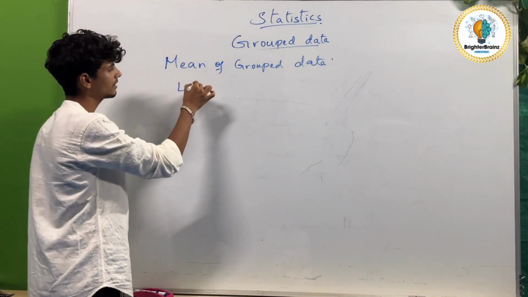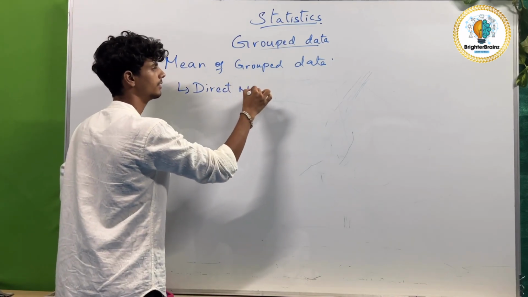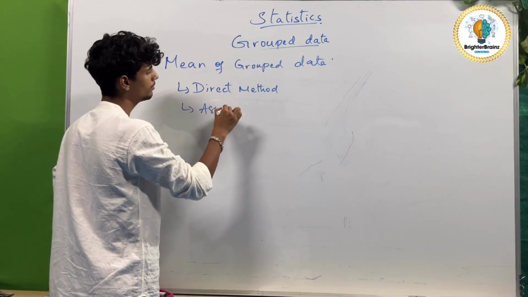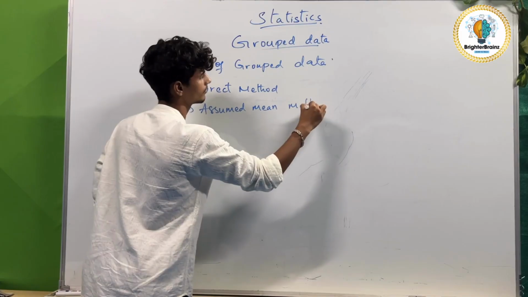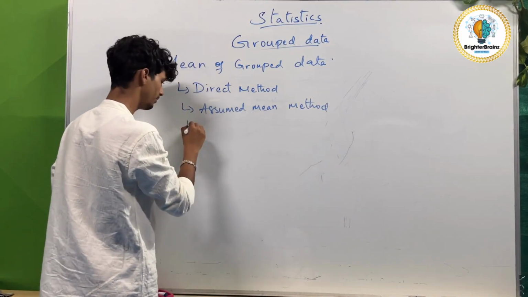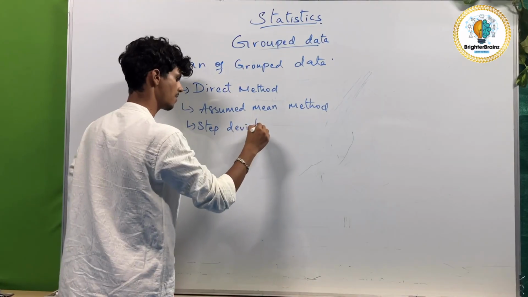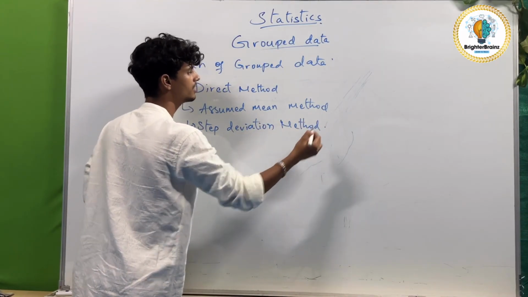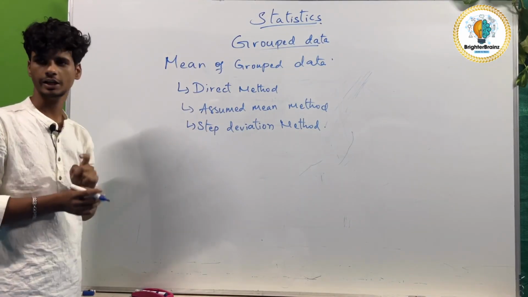The first method is the direct method, the second is the assumed mean method, and the third is the step deviation method. These are the three methods we use to find the mean of group data.